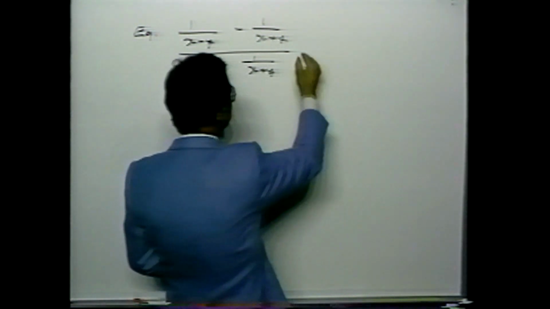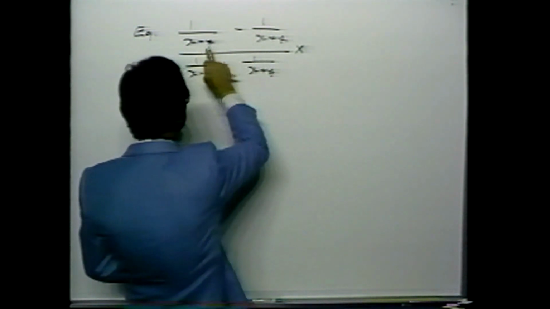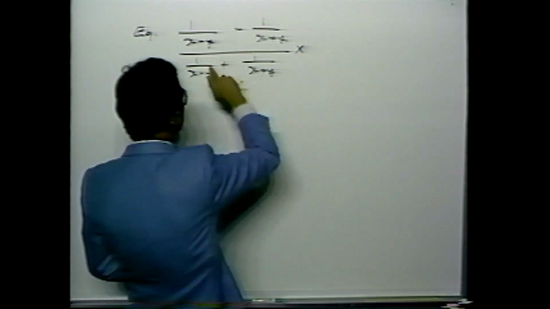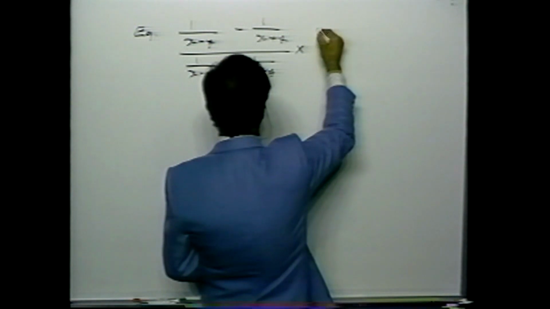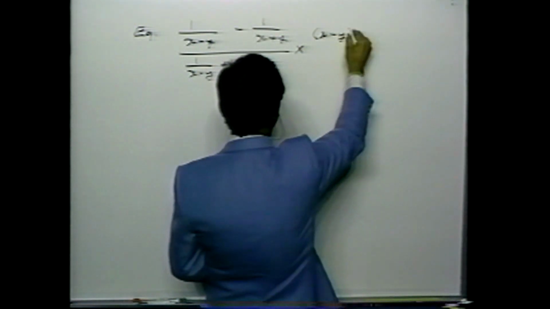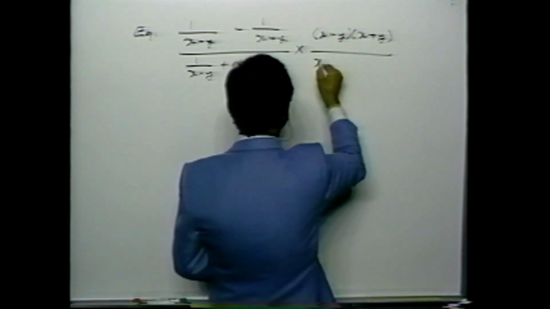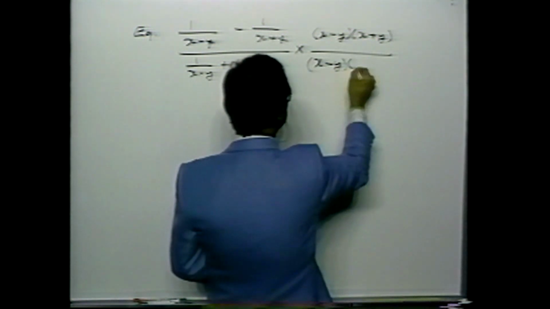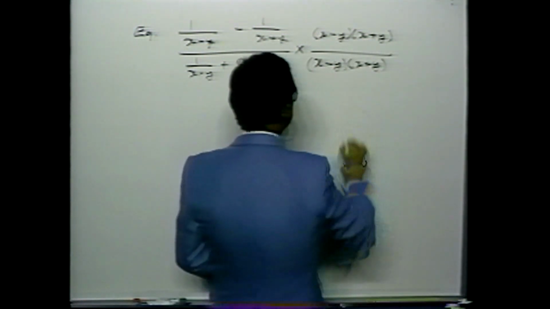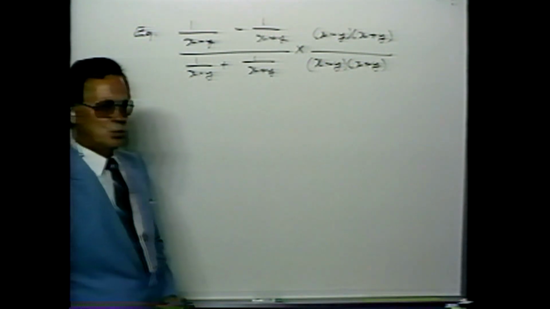The LCD will be easily determined as equaling x minus y times x plus y, and so make up a fraction where these are used and where the fraction equals 1.